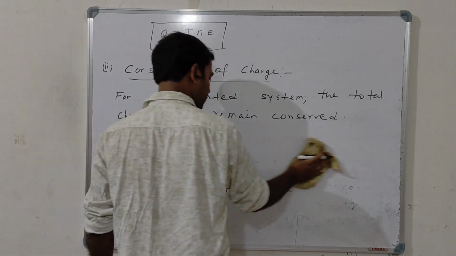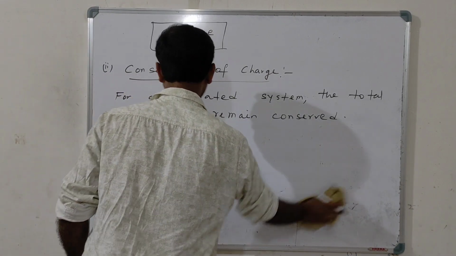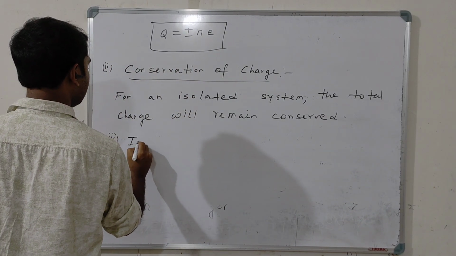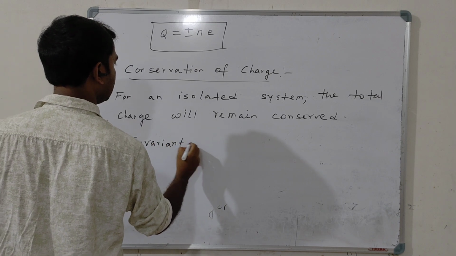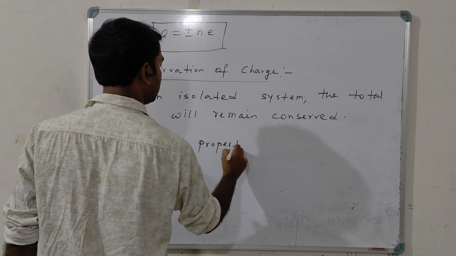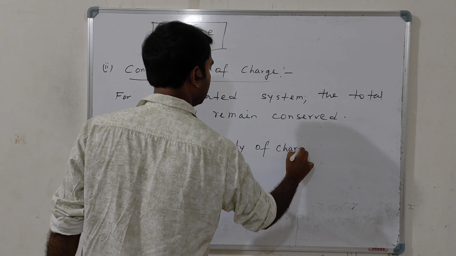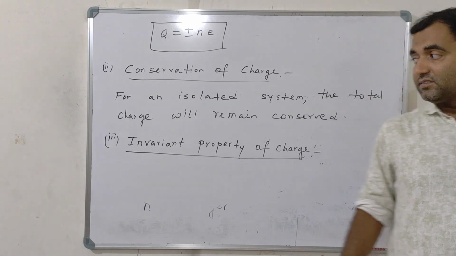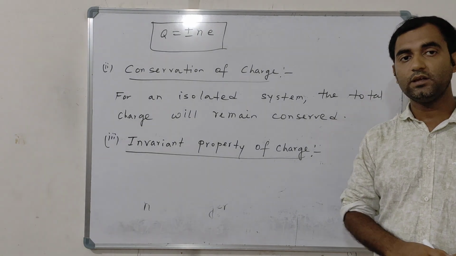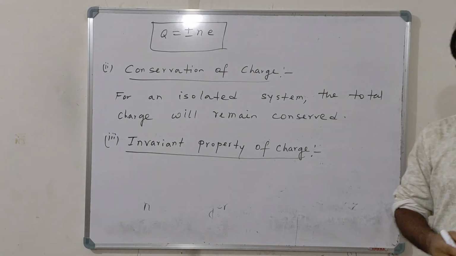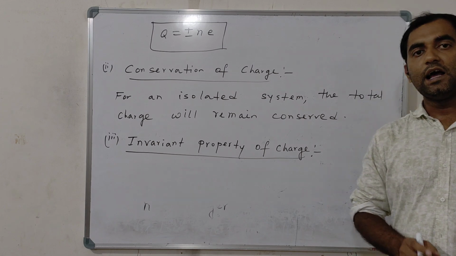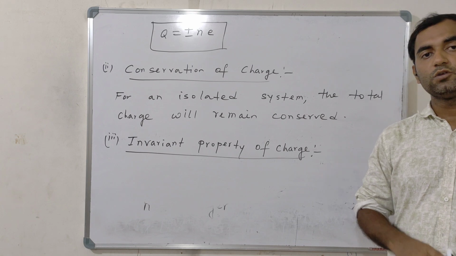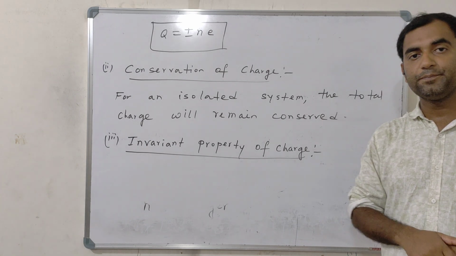The third property is the invariant property of charge. We all know that mass is not an invariant quantity, because in the relativistic frame it has the form m equal to m0 by root over 1 minus v square by c square. So mass varies in the relativistic frame.